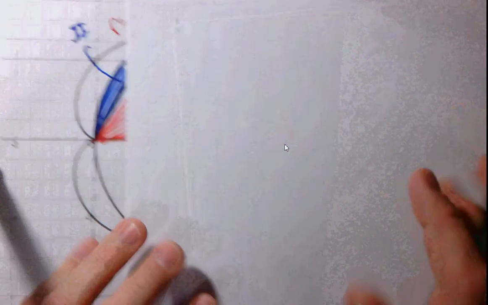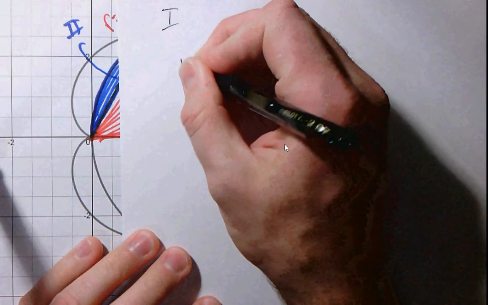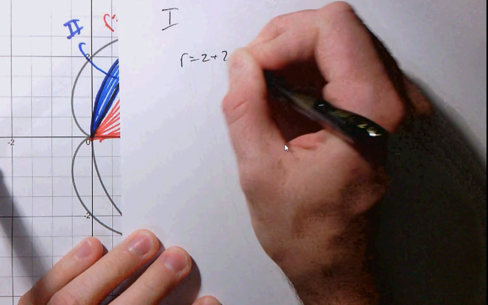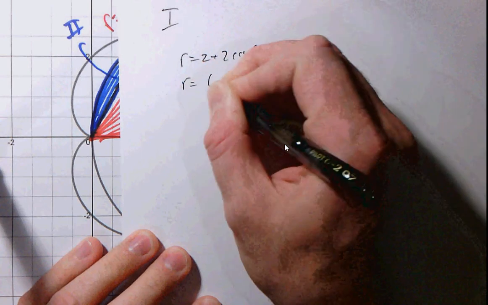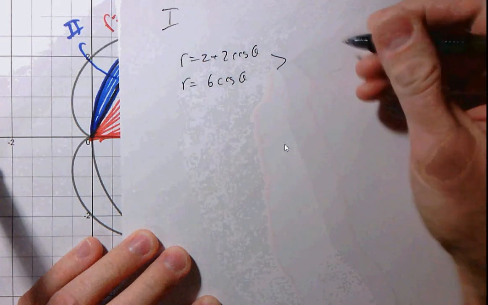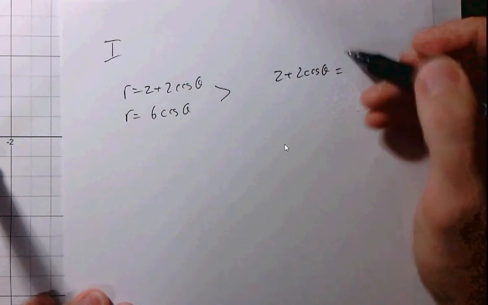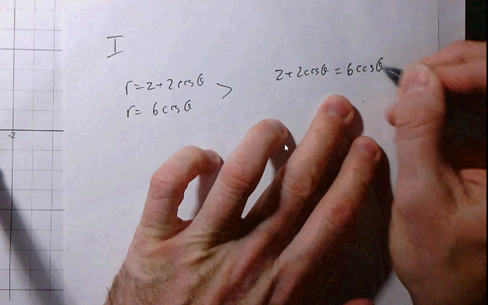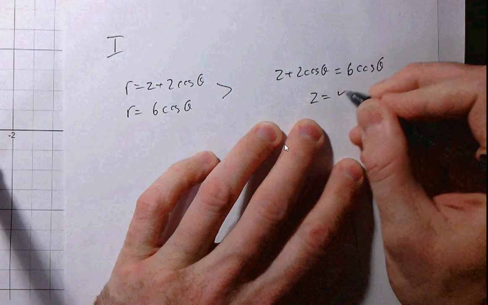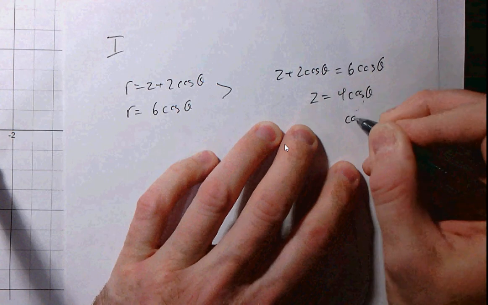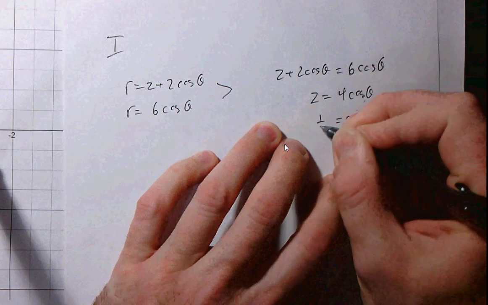So this is just some algebra. We're just going to set r equals 2 plus 2 cos theta and r equals 6 cos theta. We're going to set these two things equal to each other. And of course you get that cos theta equals 1/2.